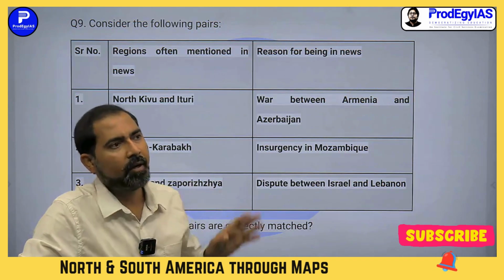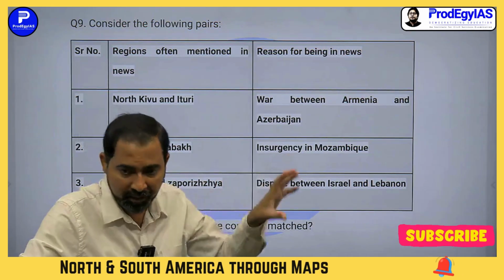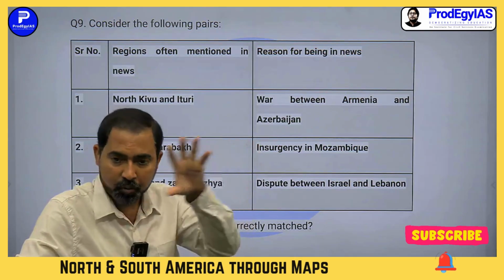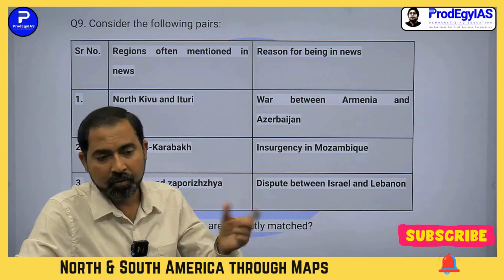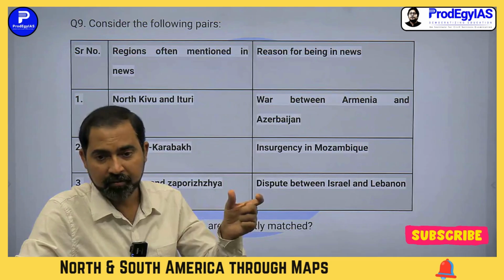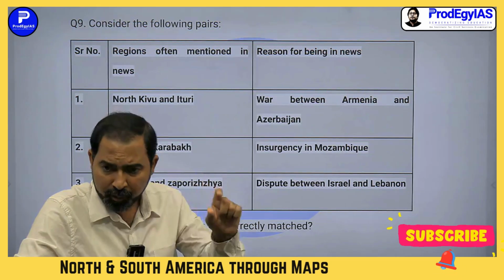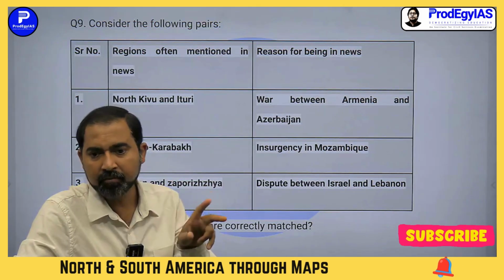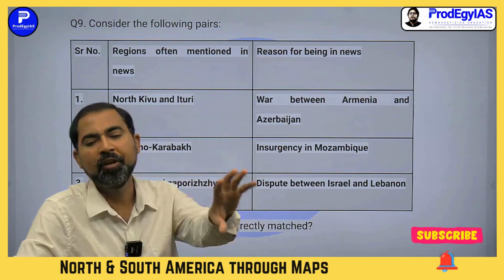But still in Europe and in Africa and in Asia, these are the three important continents where you can see all the conflict zones. Like in Europe, the conflict between Russia and Ukraine, right? Nagorno-Karabakh area, conflict between Armenia and Azerbaijan. So such conflict zones are found in Europe and in Africa.